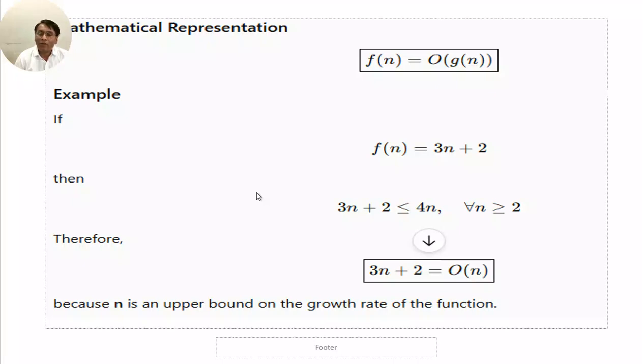For all n greater than or equal to 2, this holds. Hence we can write 3n plus 2 equals O(n). That is, the big O of this polynomial is O(n), where n is an upper bound on the growth rate of the function.